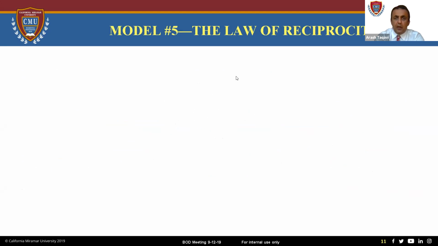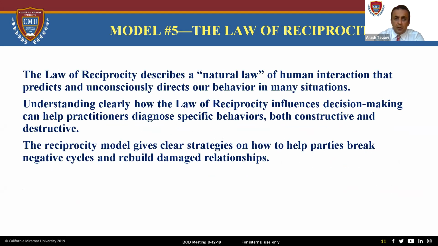Model 5 is the law of reciprocity. This model describes a natural law of human interactions that predicts and unconsciously directs our behavior in many situations. Understanding clearly how the law of reciprocity influences decision-making can help practitioners diagnose specific behaviors, both constructive and destructive.